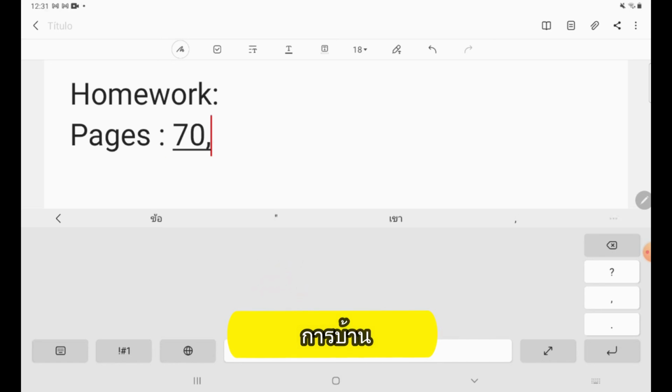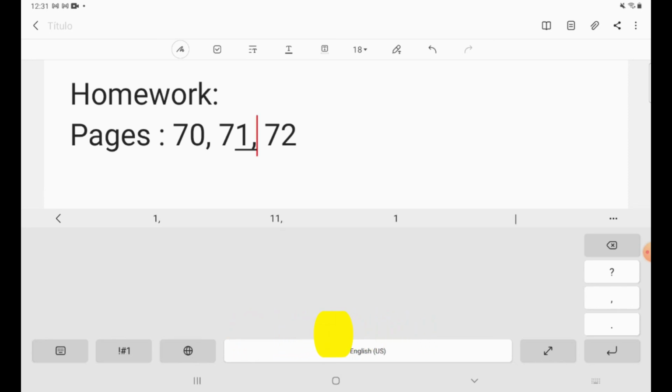About divisions of fractions and whole numbers, you will do 71, and about division of whole numbers and fractions you will do 72. In fact these 2 pages are just 2 operations, which is very, very simple, very easy, and it won't take you long.